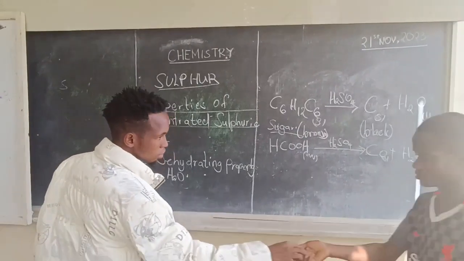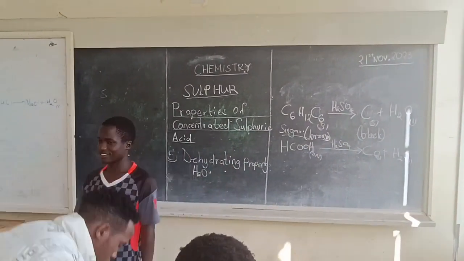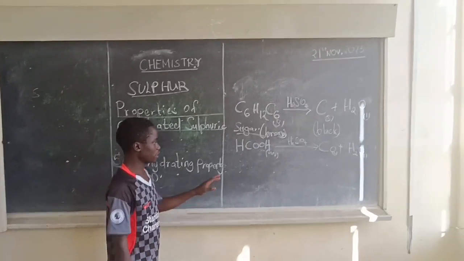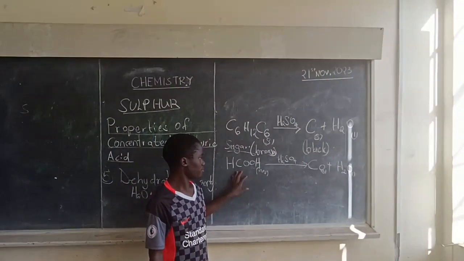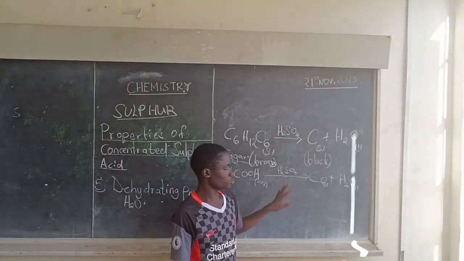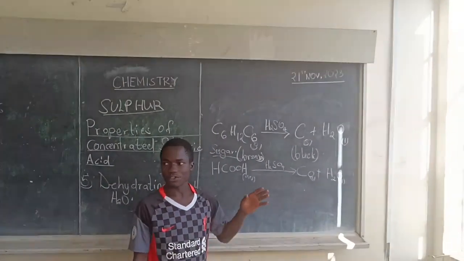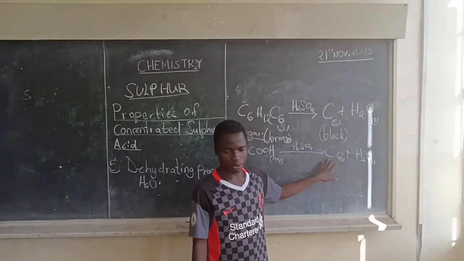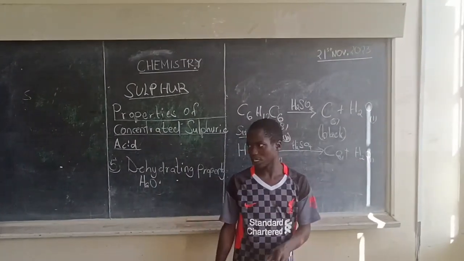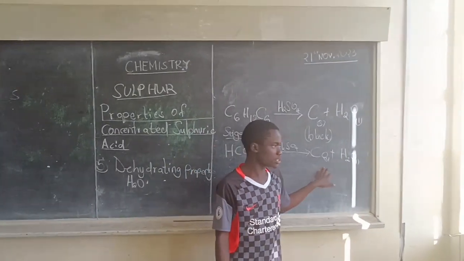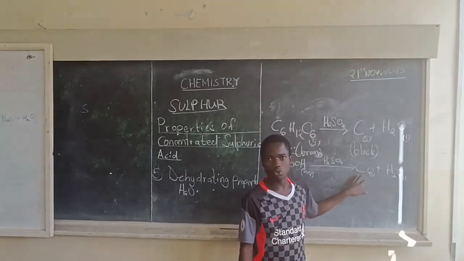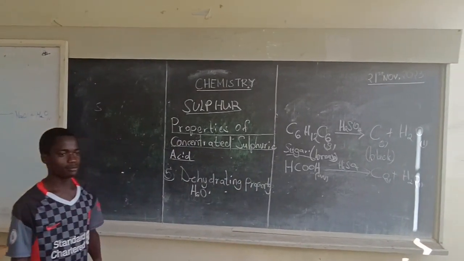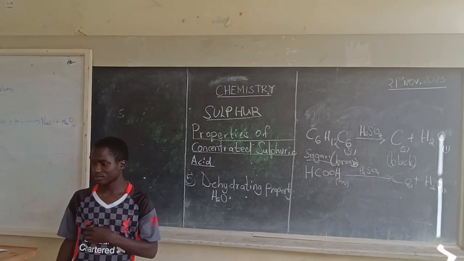Very good. It's a nice example that when you subject an organic acid to concentrated sulfuric acid, you get carbon monoxide or carbon dioxide and water. This is also a property we use in the preparation of carbon monoxide. Are we together? Anybody with a question?